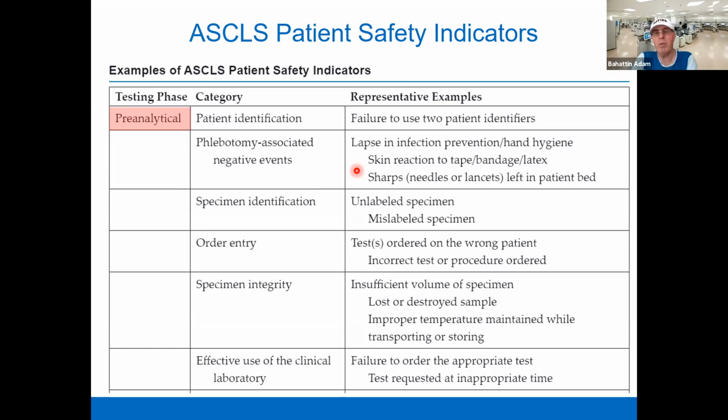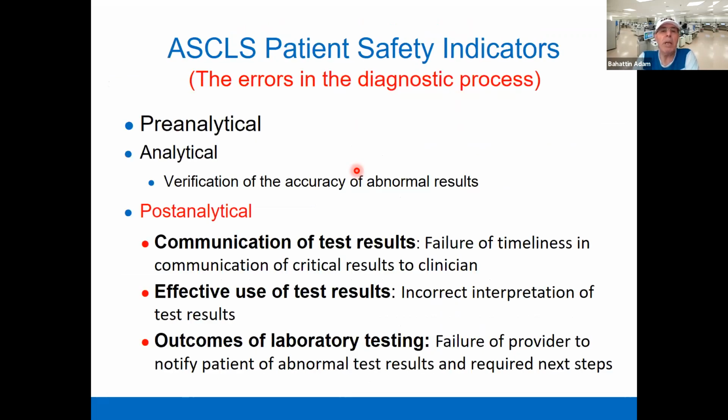Specimen integrity is another common error: insufficient volume of the specimens, loss or destroyed sample, improper temperature while we are transporting the specimen. And ineffective use of the clinical laboratory is another common error during the pre-analytical phase. We are going to discuss analytical errors in a separate chapter.